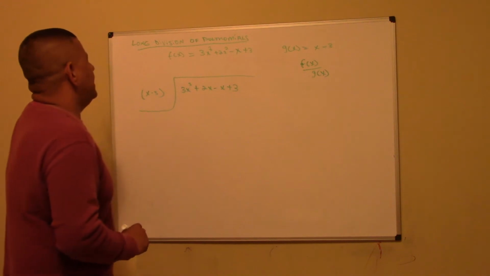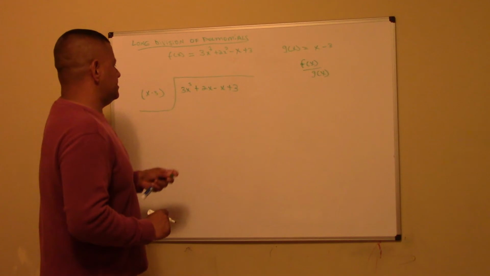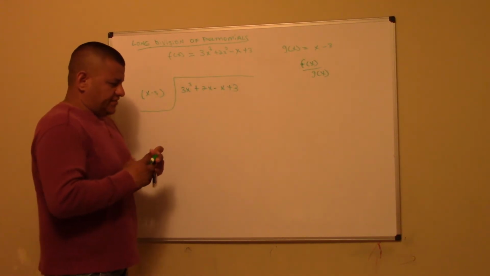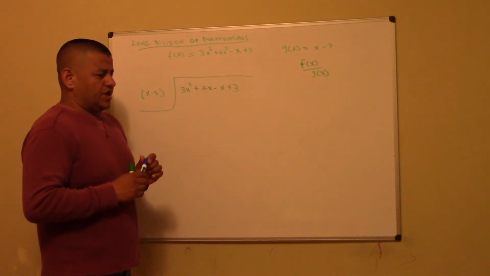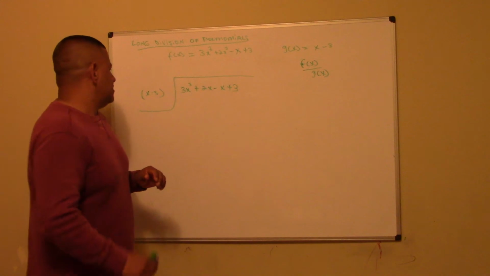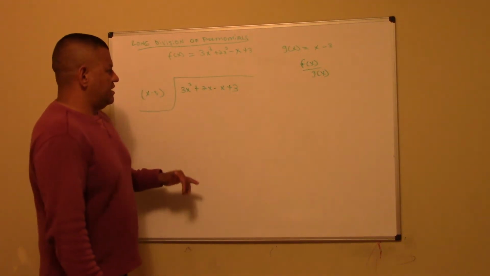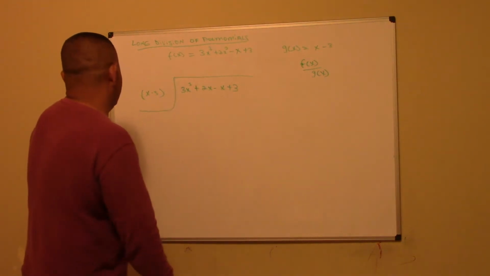Now I am going to divide this. But before we start the division, we're going to think about this. It's different, this is not like regular numbers. These are variables. The only constant number that we have right here is this 3.